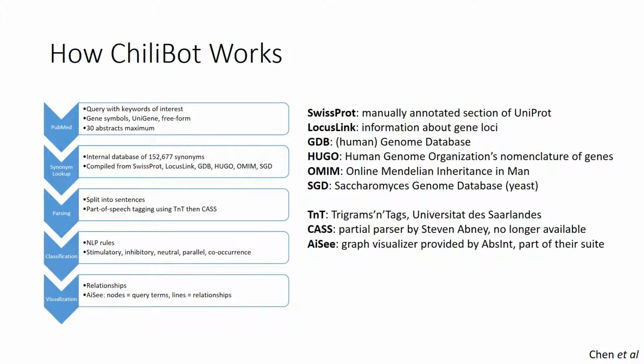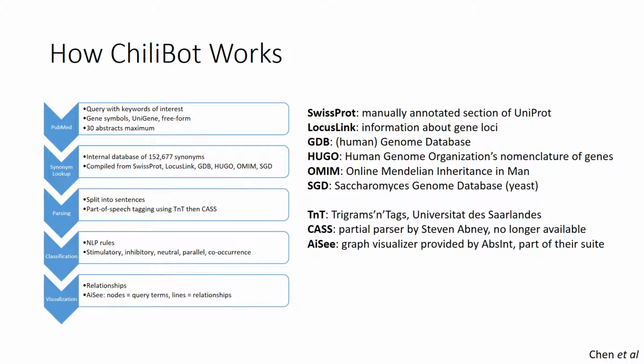And then parsing is the next step. You have to parse the abstract out into individual sentences. Once you have the individual sentences parsed out, then there will be parts of speech tagging. You can see what I mean here on the bottom right.